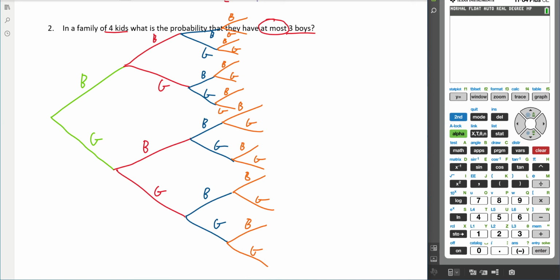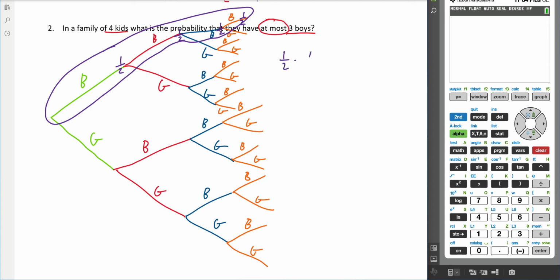Now it says at most 3 boys. So what can we do? We can just find the probability along one of the lines. If we go boy, boy, boy, boy, we don't necessarily need to draw out the entire tree diagram. It's a 1/2 chance that it gets to here, 1/2 chance here, 1/2 chance here, 1/2 chance here. Multiplying 1/2 times 1/2 times 1/2 times 1/2 gives us 1 over 16.